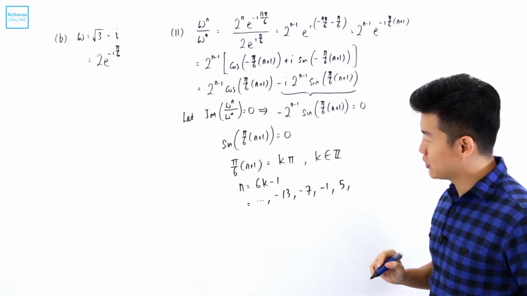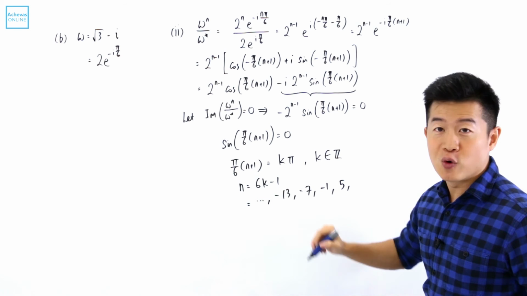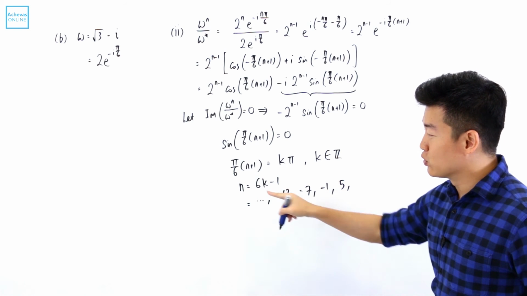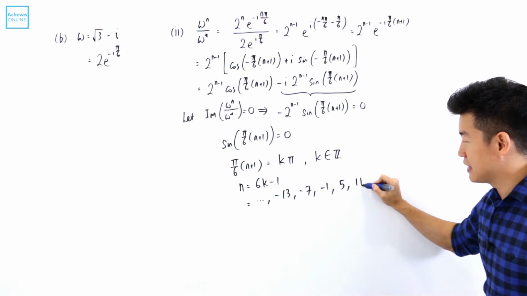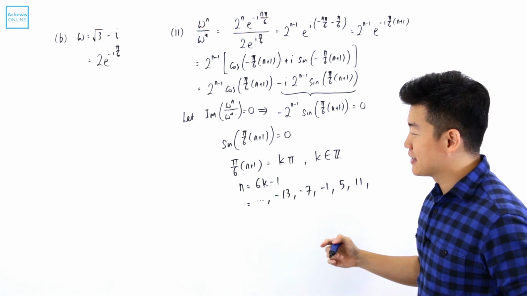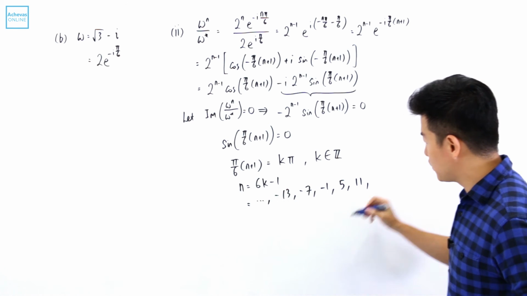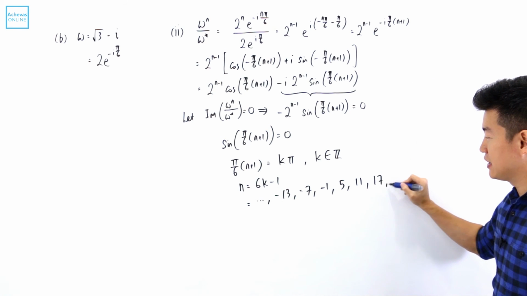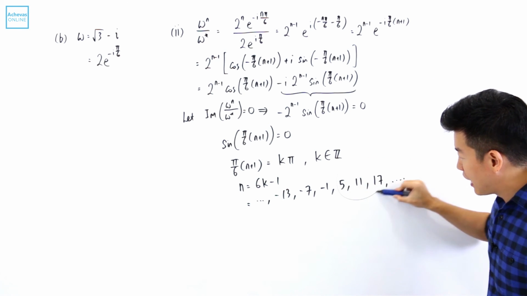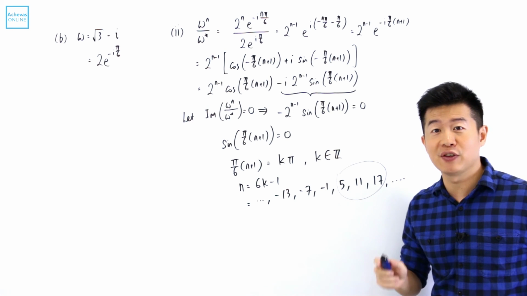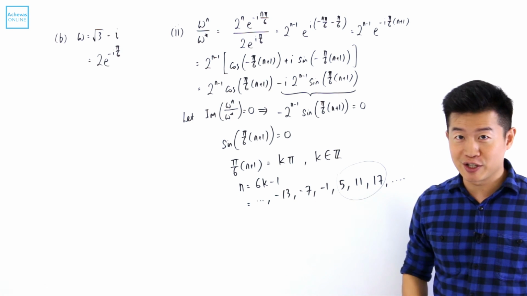Now we get a first positive whole number of n. If k is 2, 6 times 2 minus 1, it is 11. Or if k is 3, it will be 18 minus 1, it is going to be 17, and so on. Okay, and these are the three smallest positive whole numbers of n which the question is asking for.